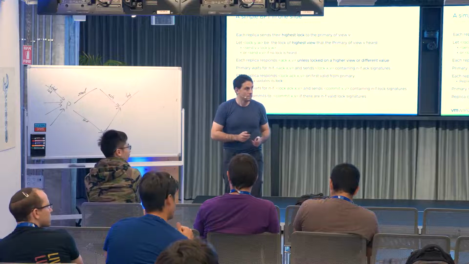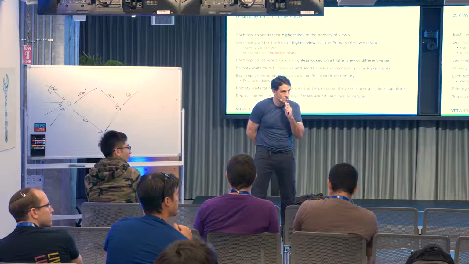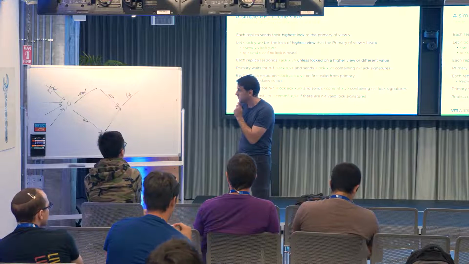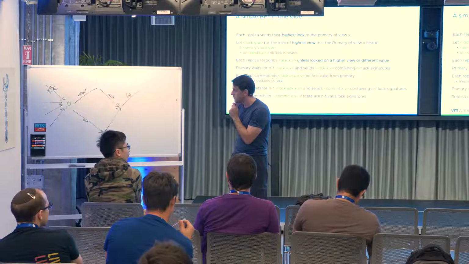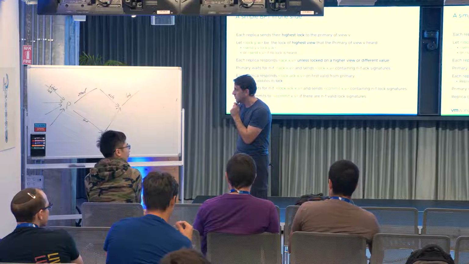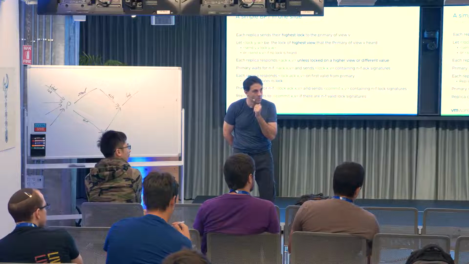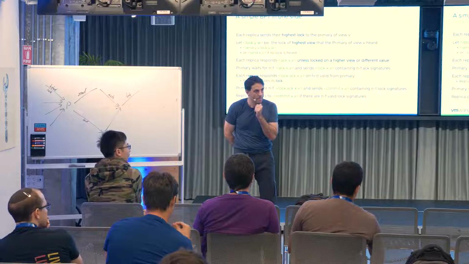So does this mean if Roman went down permanently, the system would never become available again, because the primary would be waiting indefinitely for the last response? I'm trying to say, this is without optimistic responsiveness.